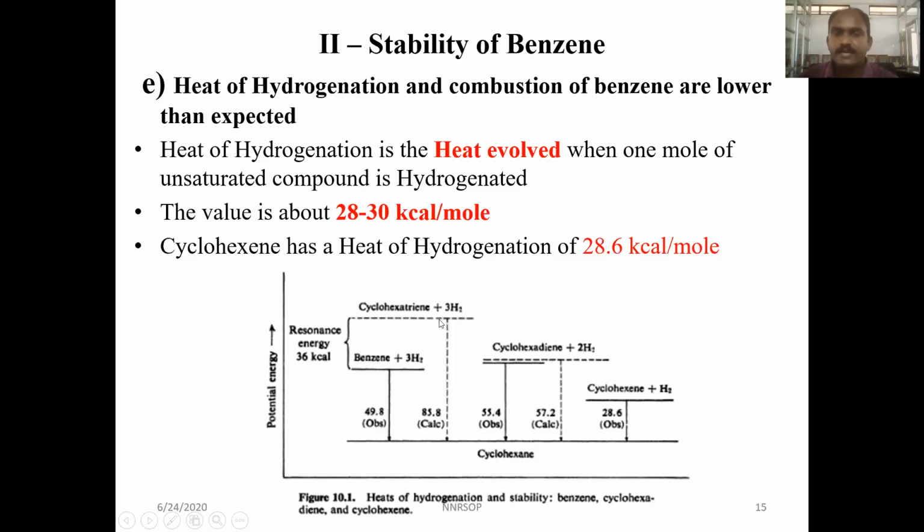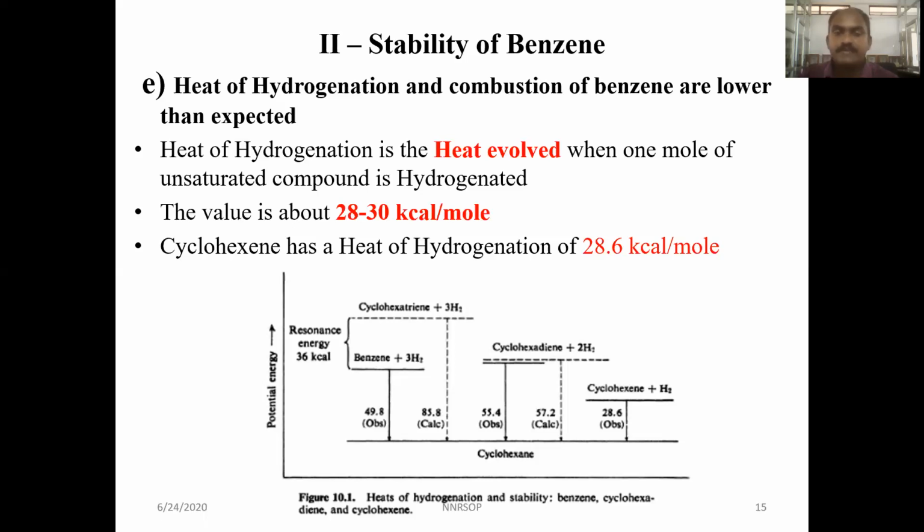Similarly, when cyclohexatriene, which is similar to the Kekule structure, is converted to cyclohexane, it has 3 double bonds, so the value should be triple that of 28.6, that is 85.8 kilocalories. But it is releasing only 49.8 kilocalories. Meaning it is 36 kilocalories less than the calculated amount of 85.8. So benzene has very little energy in its system.